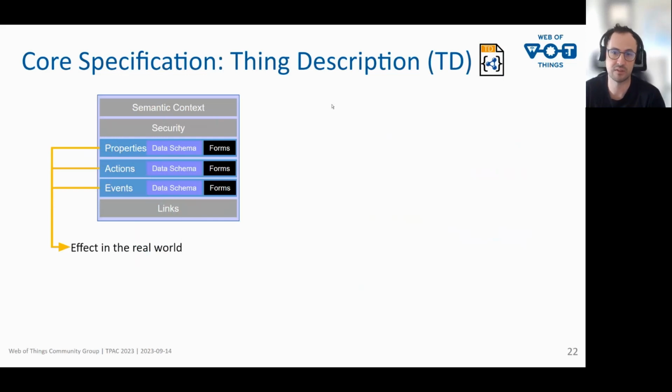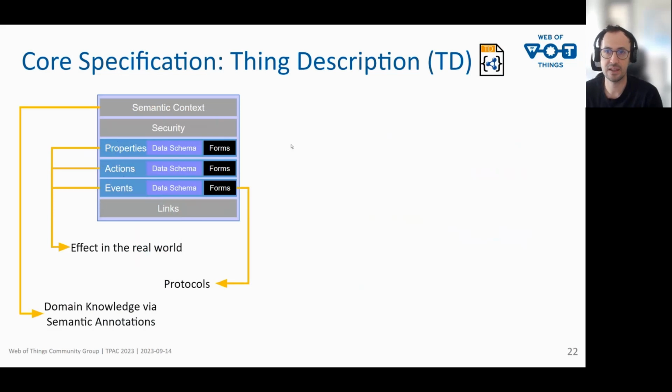In fact, they could even have an effect in the real world, but they can also be associated with services. In the forms associated with the different properties, actions, and events, we describe the protocols. So there you can say this is a property, and you can interact with it via HTTP or MQTT protocol. And then, as I said before, you have the semantic context.